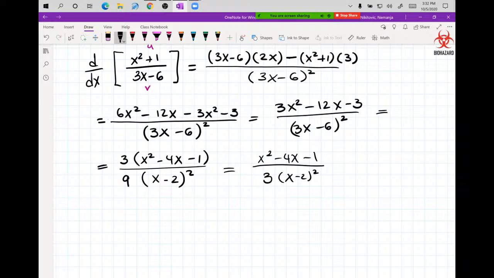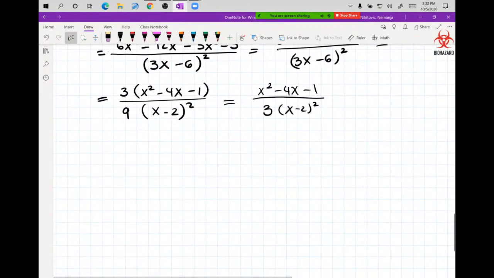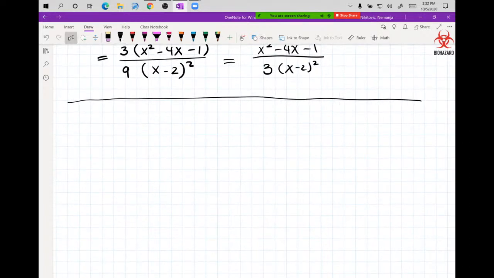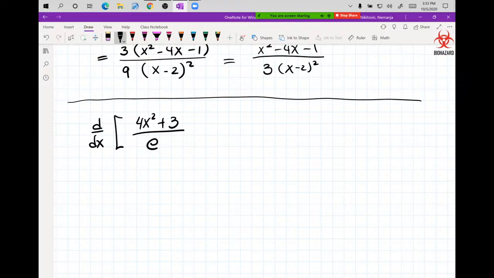So this is where we start, right? One more problem. This one is going to be also quotient rule with e to the x, and then we can try some spicier problems. So still vanilla or a mild dish. All right. We're going to have, let's say, I don't know, (4x squared plus 3) divided by e to the 2x.